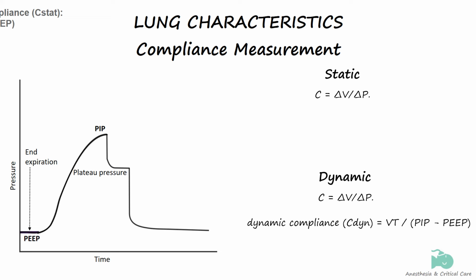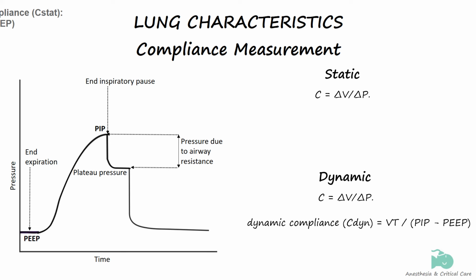Now, to simulate the scenario where there is no air flow, we can perform the maneuver called end inspiratory pause on the ventilator. The pressure then suddenly dips as the flow of air is stopped, excluding the resistive part of air flow. This also means that airway resistance no longer plays a part in pressure generation.